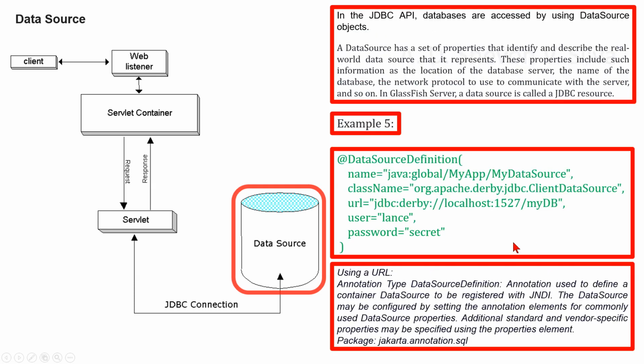Here you can see using a URL. Here you can see the optional element String url, a JDBC URL.